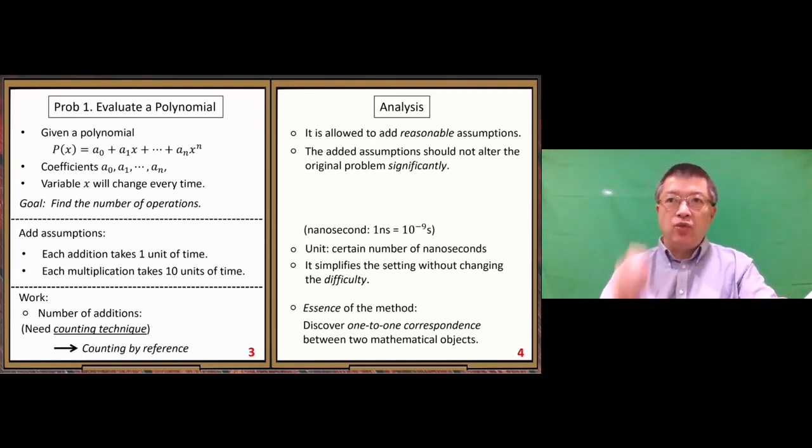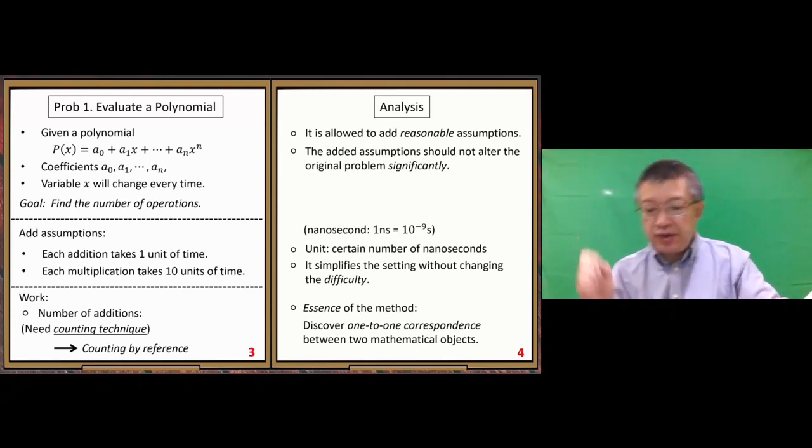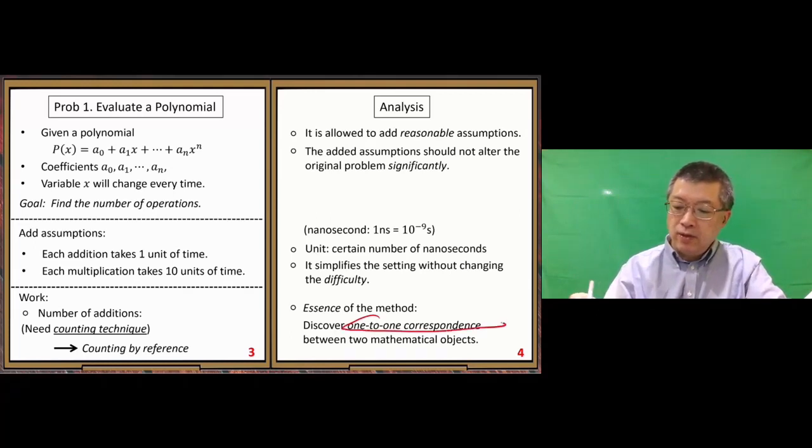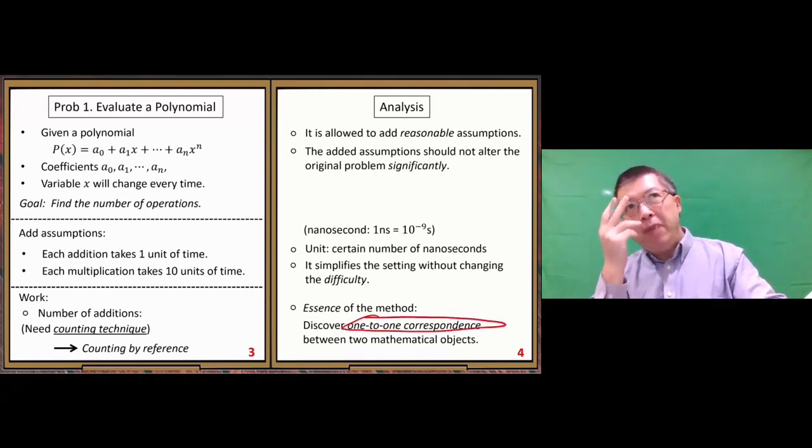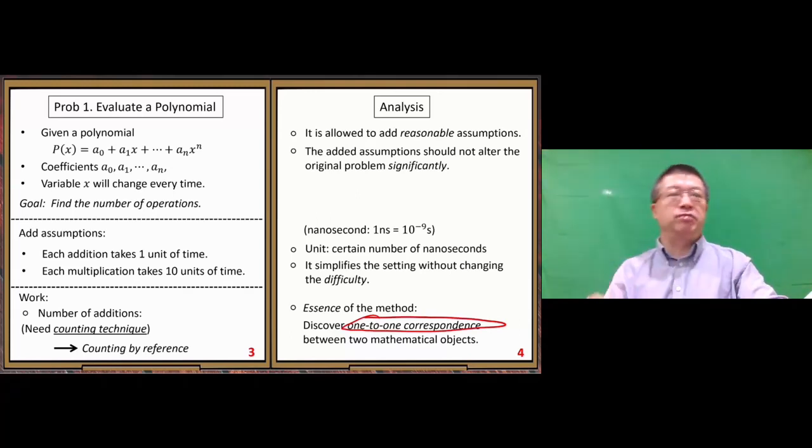That rule is a 1-to-1 correspondence between two mathematical objects. What's that? What kind of mathematical objects?